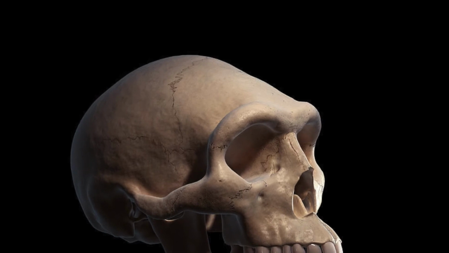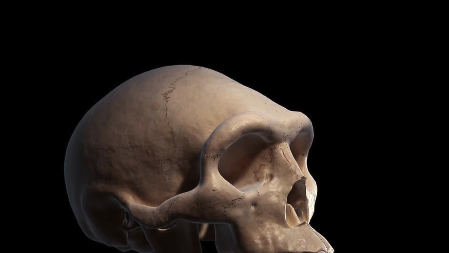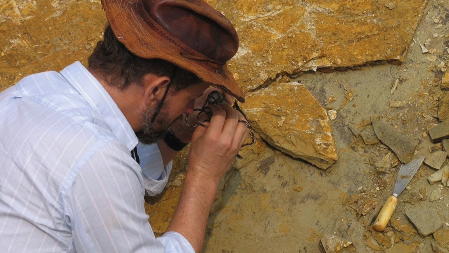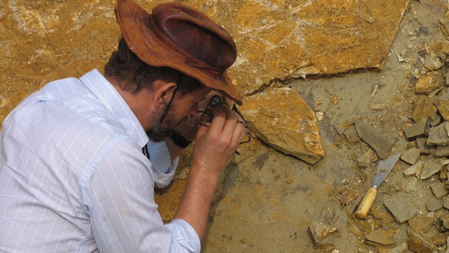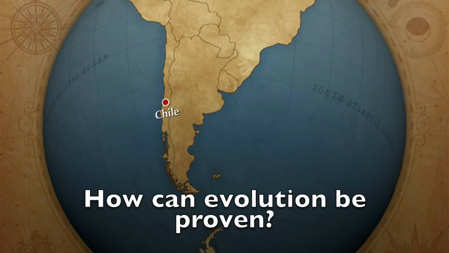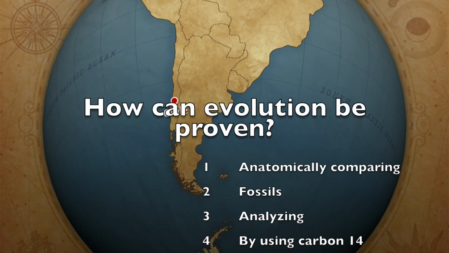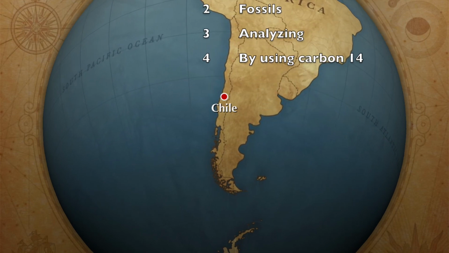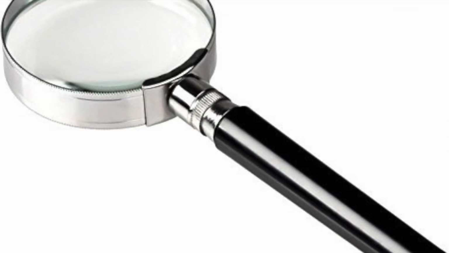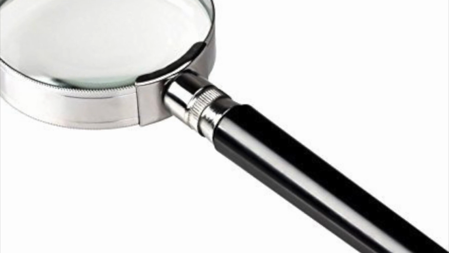By making all these comparisons, we can clearly verify that evolution did exist, and there are many proofs and evidence that show it. This shows us that evolution can be proven with fossils, by anatomically comparing the fossils, and by doing research and studying their differences of evolution according to the years.